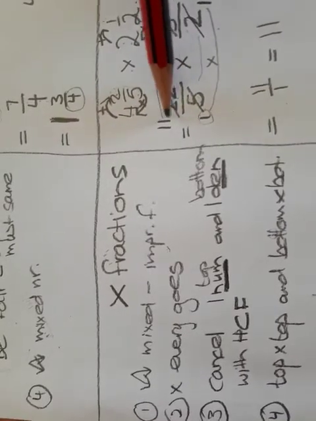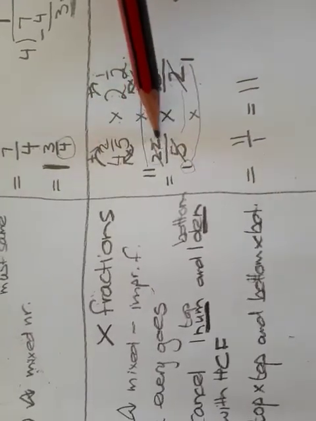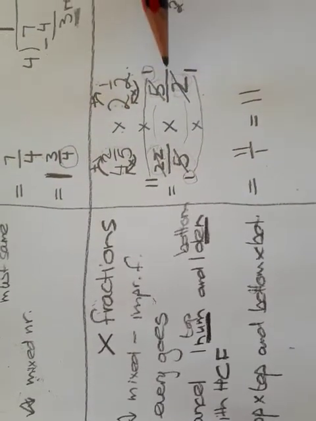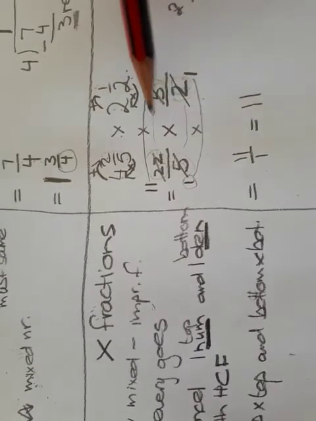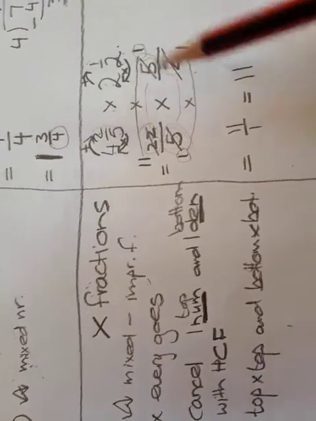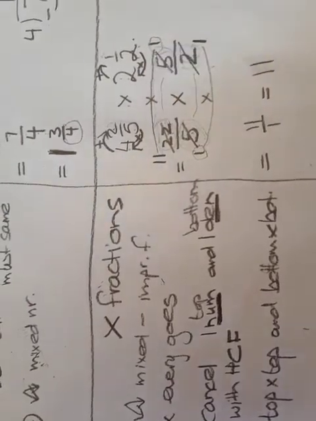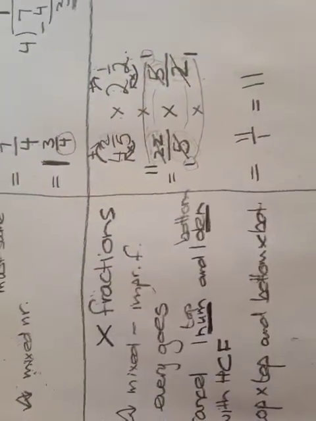You can cancel this with this, or that with that, or this numerator with this denominator, or this top with that bottom. But importantly, you may never cancel the two tops and you may never cancel the two bottoms. Okay, that's logical, people, because those need to be multiplied. Okay, so we cannot divide those.